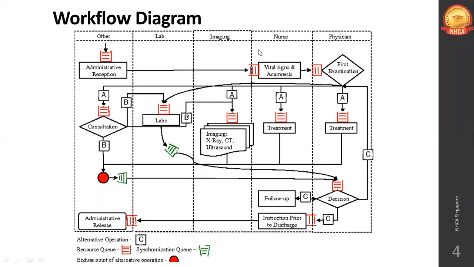Looking at the workflow diagram, you can understand without even physically going to this particular hospital or department, you will have an idea where the laboratories are, where the x-ray is, where the administrative area is, where the reception is, where the vital signs and initial checkup and first examinations will be taken care of, where the patient will get treatment, each and every place. A third person who has not even visited this facility will understand.